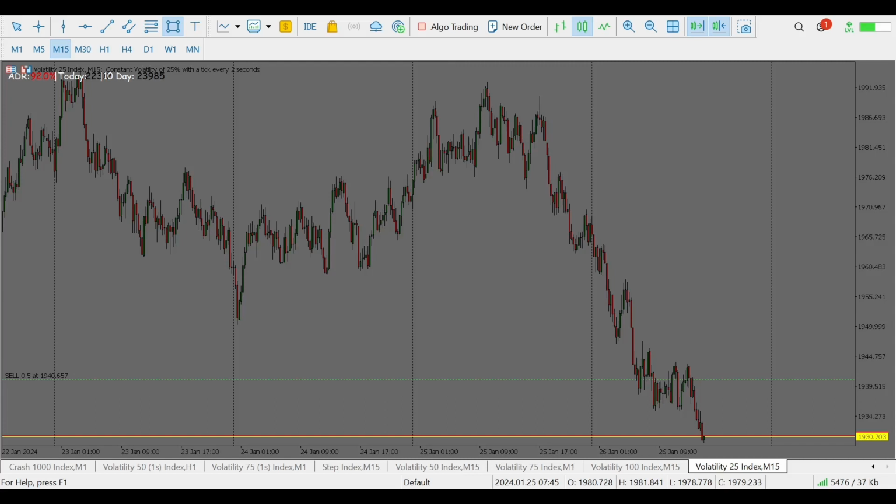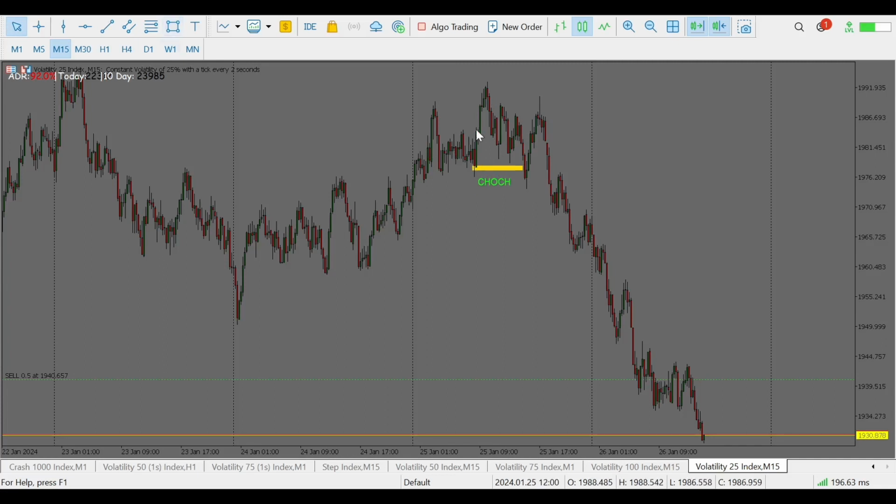When this low was broken, we managed to have a new trend, and then the market pulled back here, and then it came straight down. So this was our change of character, represented by the yellow line.